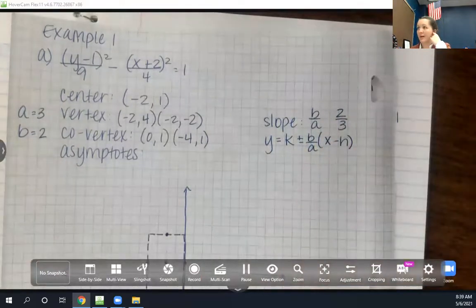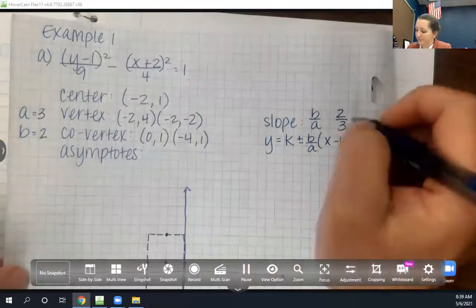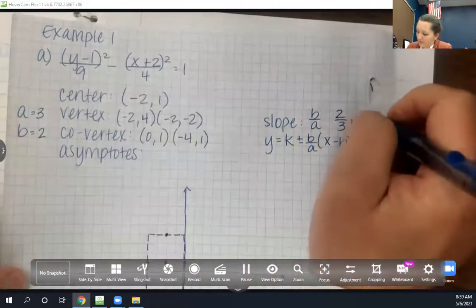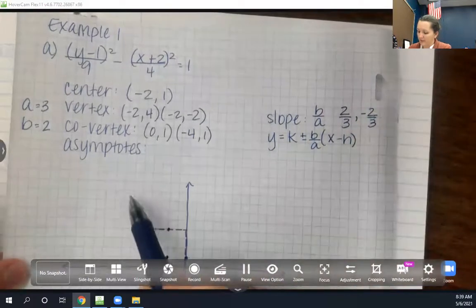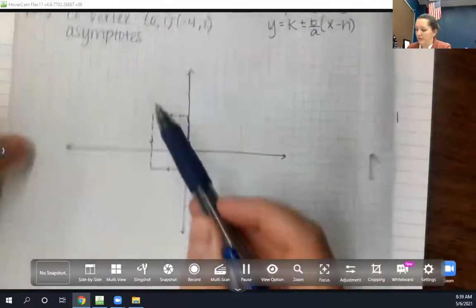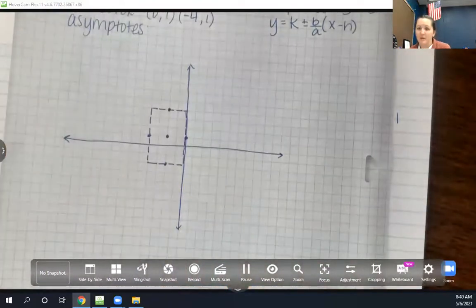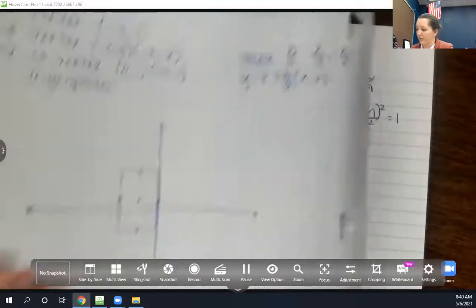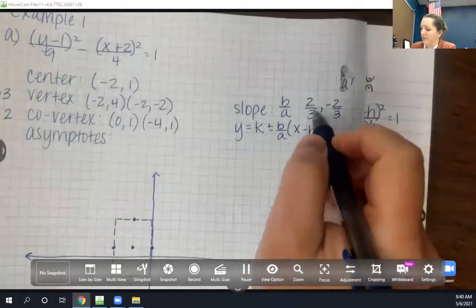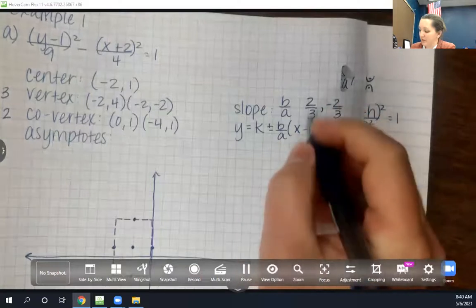So thinking about why it's plus or minus, it's because you're going to have two lines, right? We want one line that goes this way and one line that goes this way. They're going to have the same slope, just opposites of one another. So that's why it's positive or negative 2/3 here.